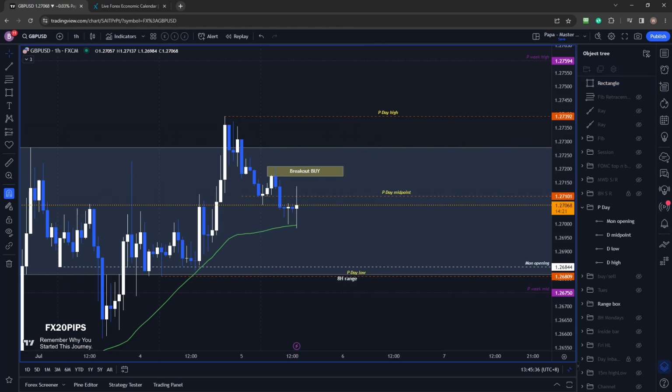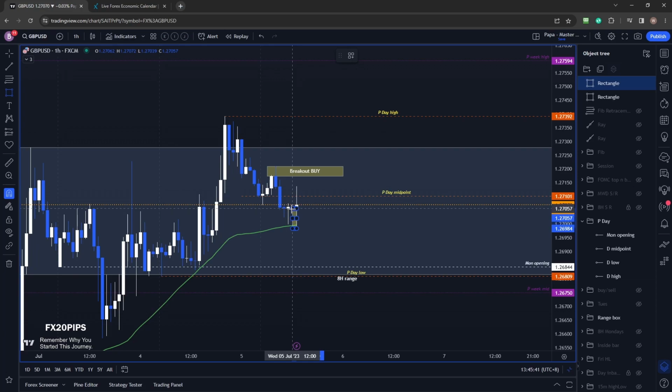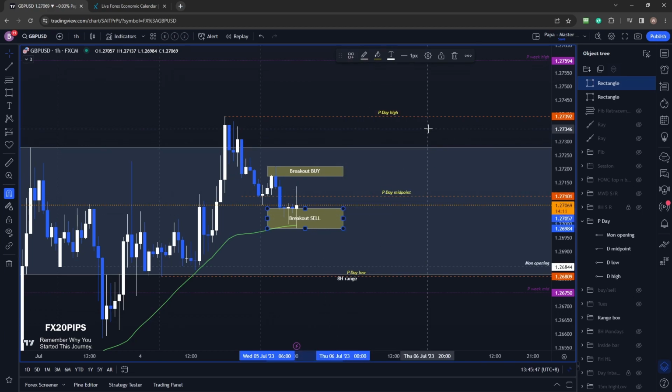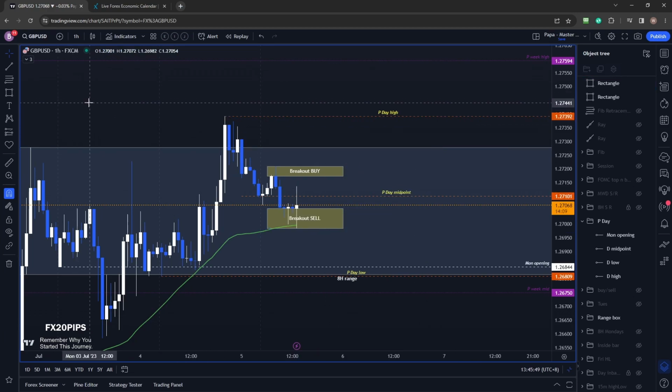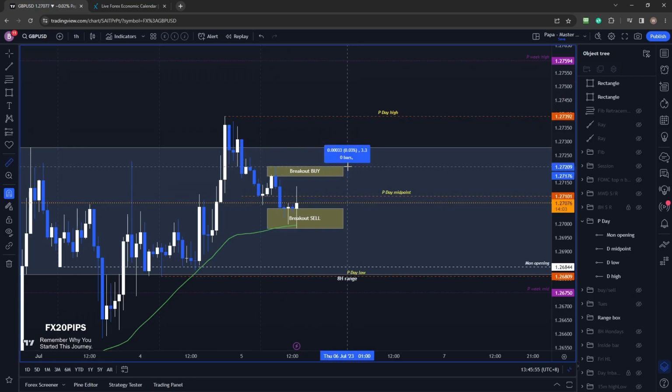Okay, and then same thing for the sell, the wick to the body. This is my breakout sell. It seems to be too wide. I might need to tighten it, but let's look at the pip size for the breakout buy first. So this is about 3.3 pips. Okay, the sell side is about 7.7 pips.